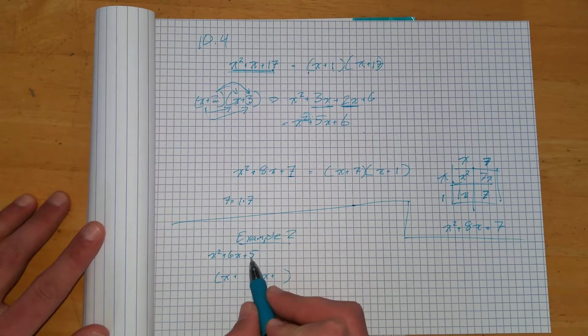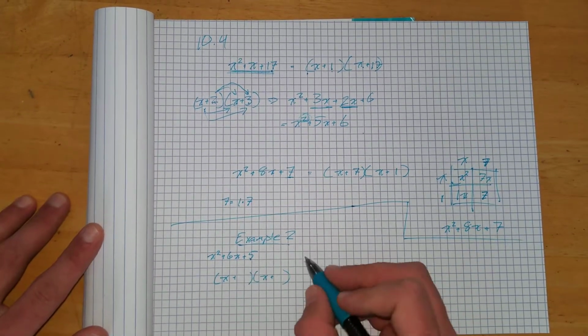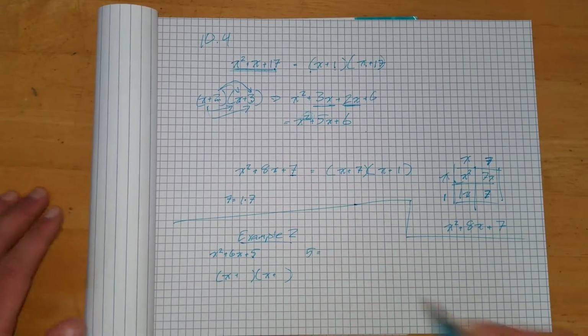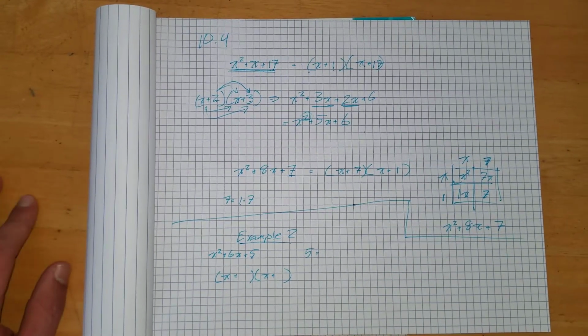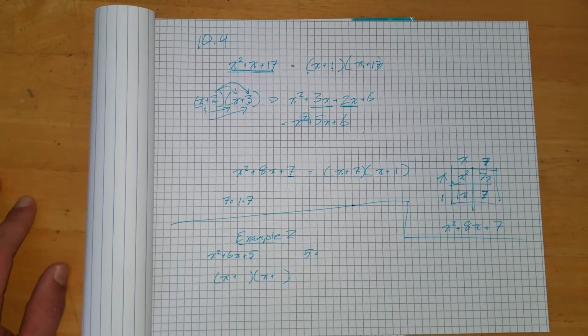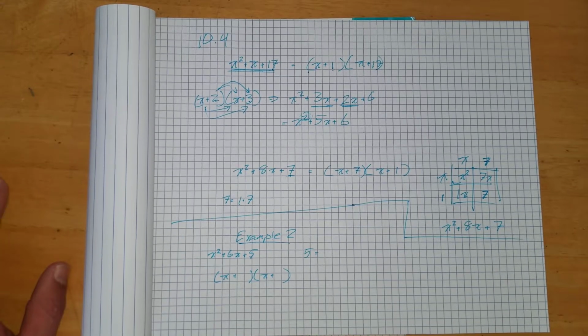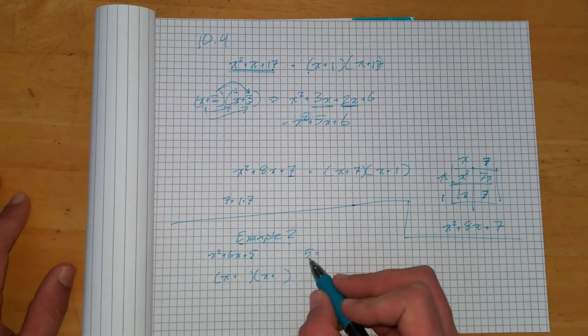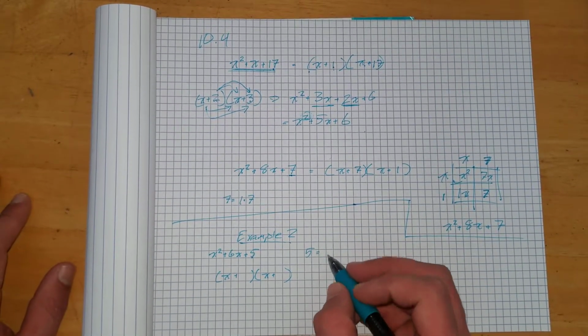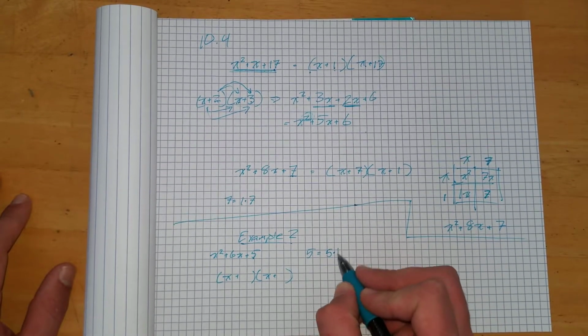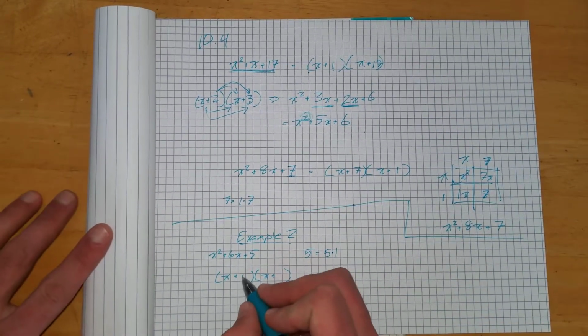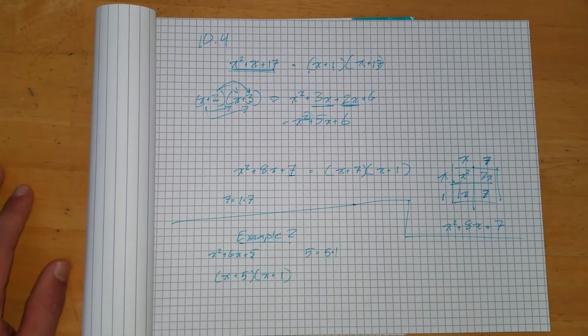You're going to look at this 5. How else can we write 5? What times what will equal 5? Think about it for a sec. Because 5 is a prime number, the only possible product is 5 times 1. So that means a 5 has to go here and a 1 has to go here.